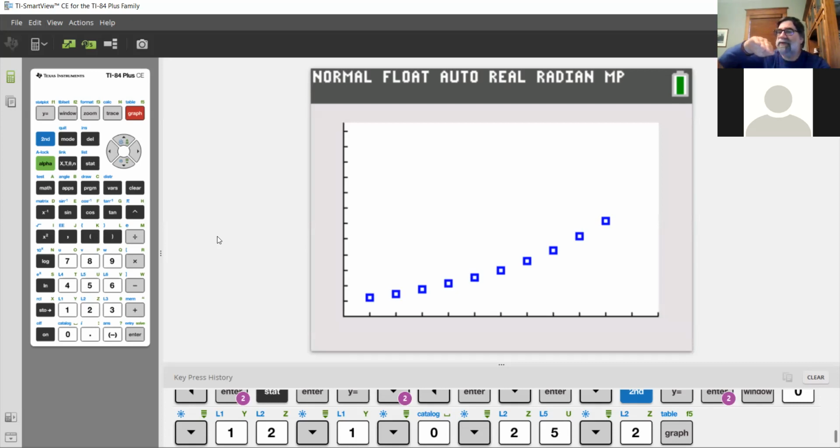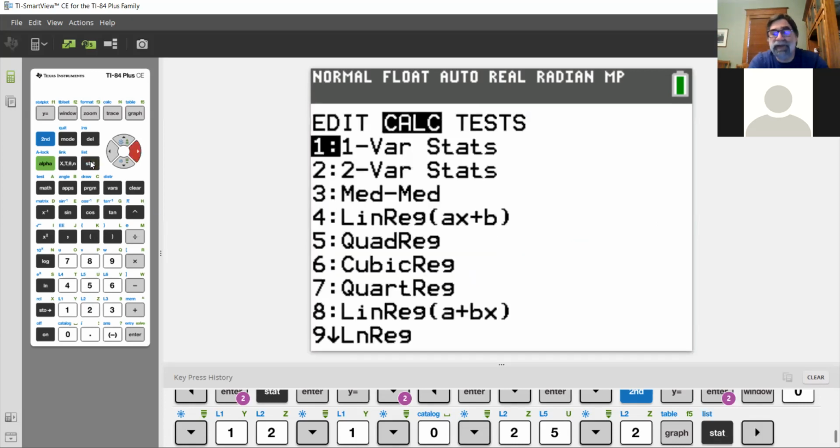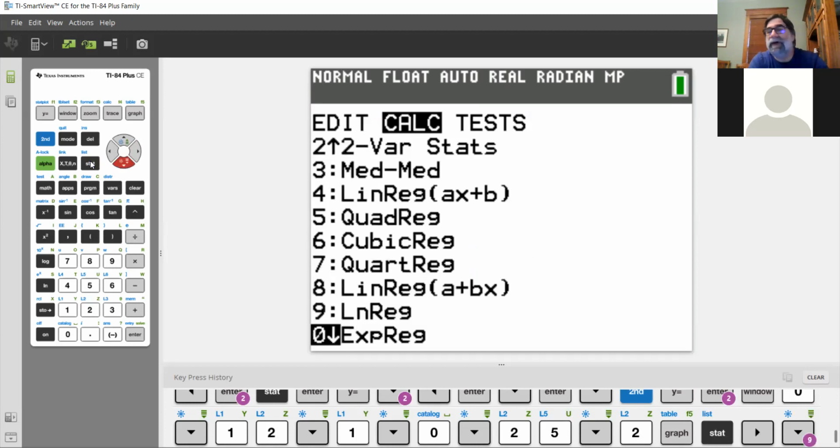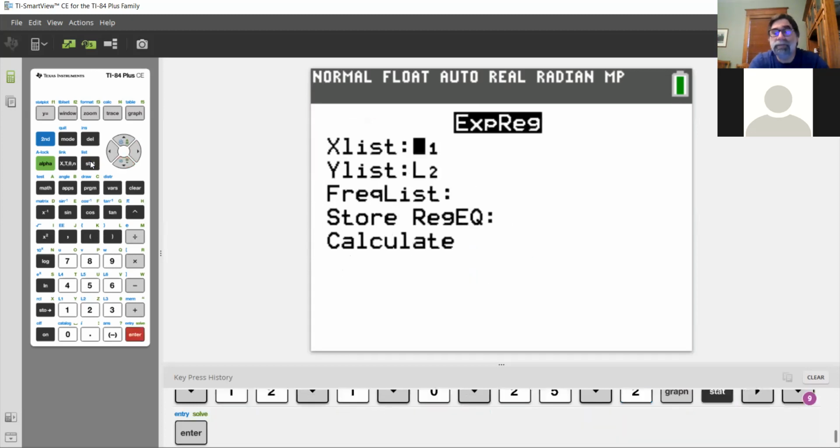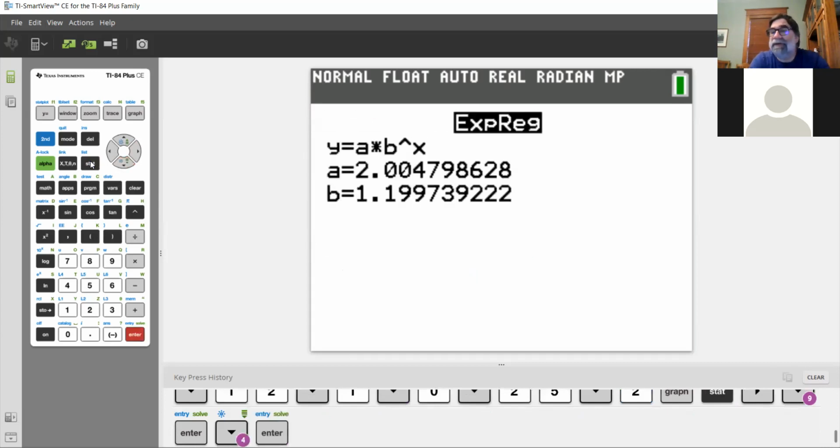It looks like it is increasing and starting to take off. That would suggest an exponential function model. So all you have to do is go back to stat, over to calculate, find your exponential regression, and those are your values for A and B. So A is about 2, and then B is about 1.199, we'll call it 1.2.